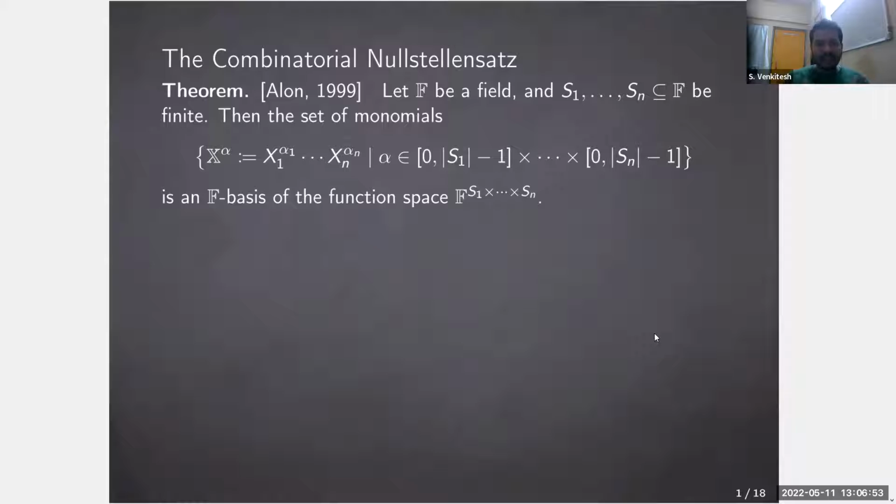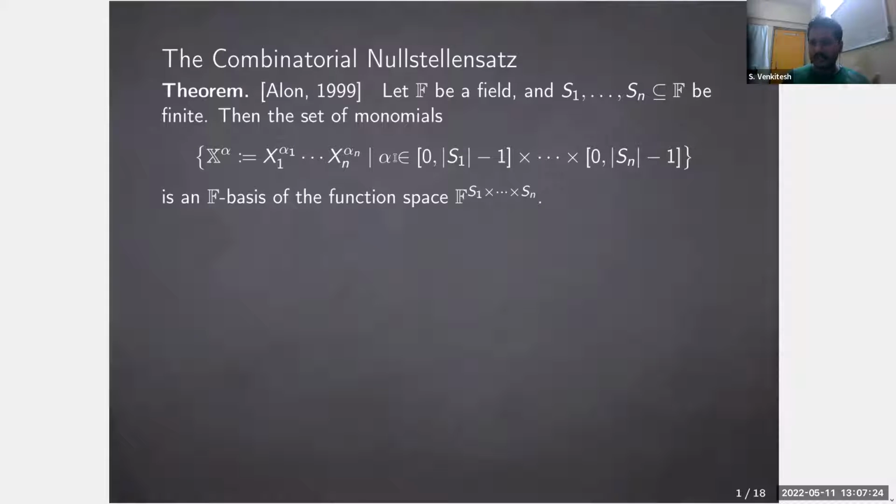Then I claim that the set of monomials of the form x1 raised to alpha 1 to xn raised to alpha n, which I denote succinctly by script x raised to alpha, where the vector alpha ranges in the set 0 to size of S1 minus 1 cross 0 to size of Sn minus 1. Essentially, every alpha i is at most size of Si minus 1.